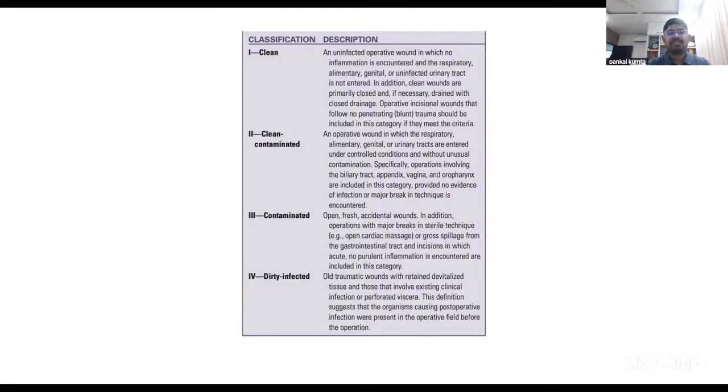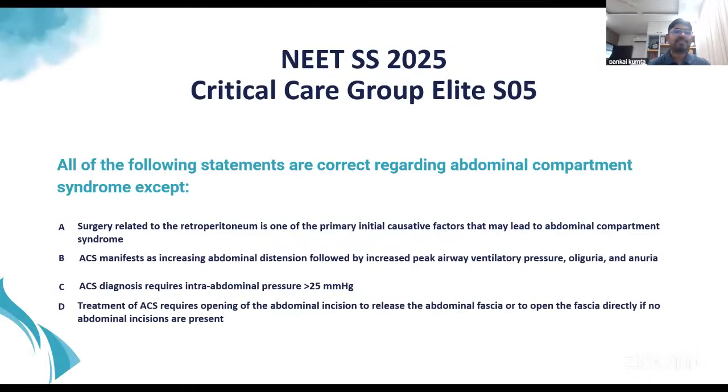So if it is beyond this, then it is dirty infected, but generally the confusion happens between clean and contaminated. If it is an open, fresh, immediate wound, it is contaminated because it is exposed to all the environmental factors, while if it is an operative wound contaminated with the surrounding mucosal areas, like the oral, gastric, genital or urinary tracts, then it tends to be clean contaminated. Any uninfected operative wound is clean.